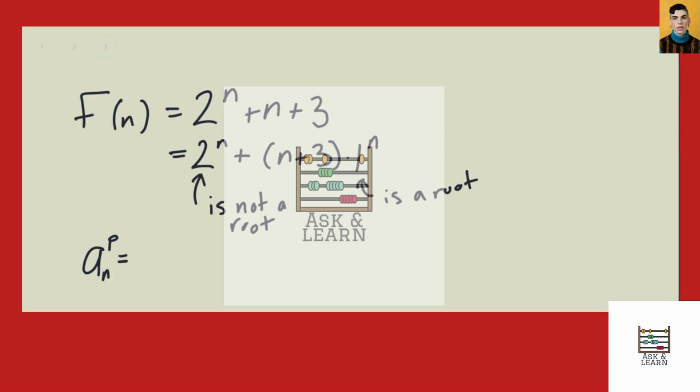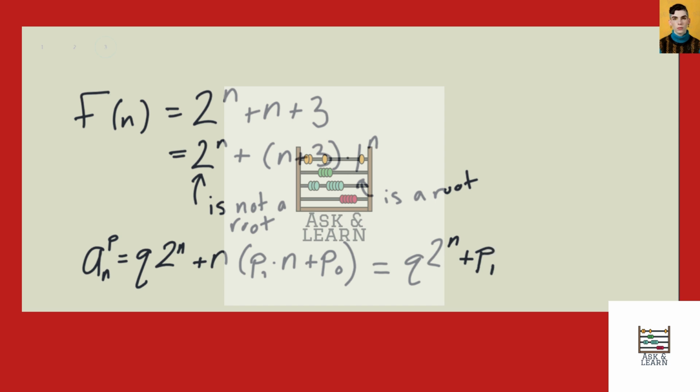It's going to be equal to q times 2 to the power of n plus n times (p1 times n plus p naught). And we can simplify that a little bit to be q times 2 to the power of n plus p1 times n squared plus p naught times n.